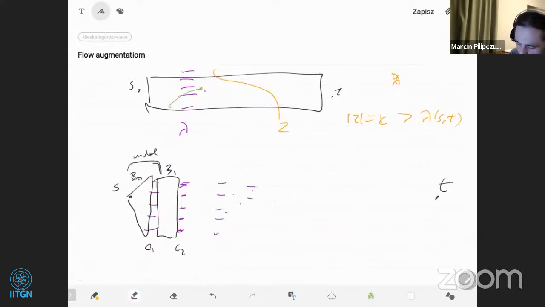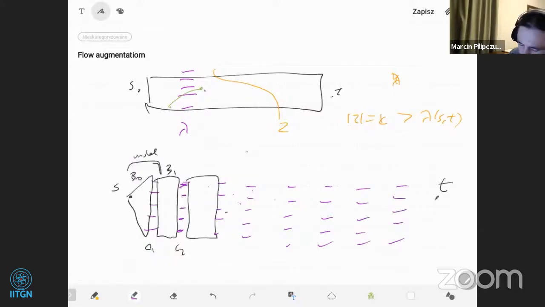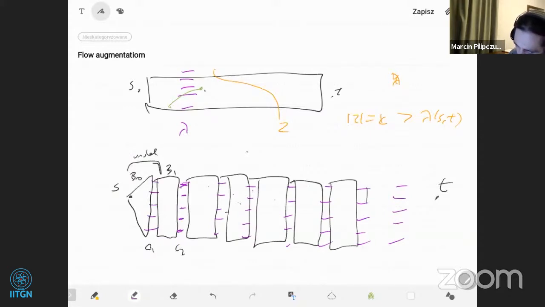So let me draw this picture a few more times. At some moment there's no more minimum cut and we reach T. It's not essential to be very precise here, but I want to make an overview picture.